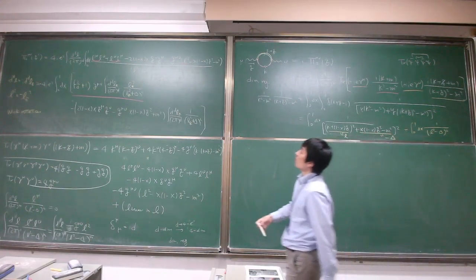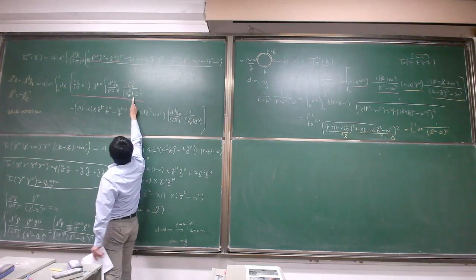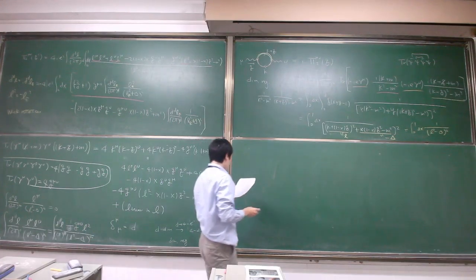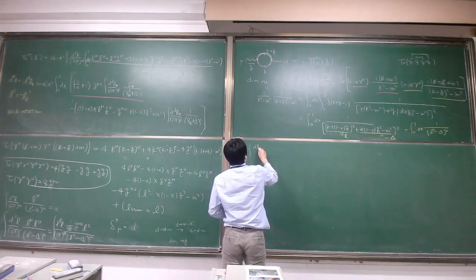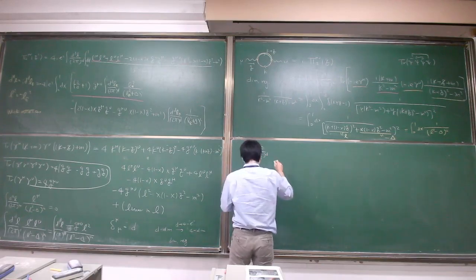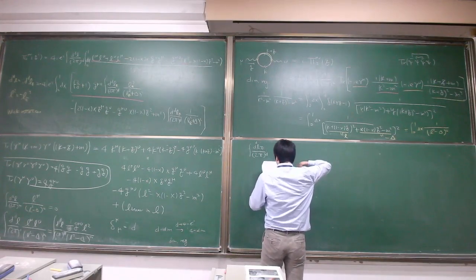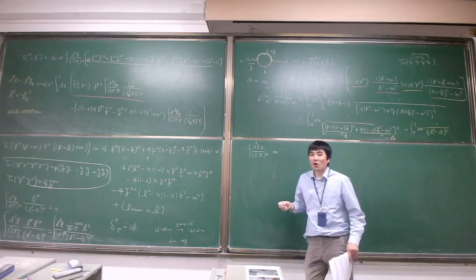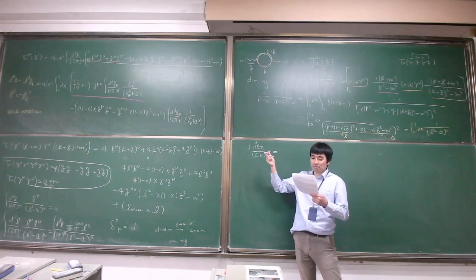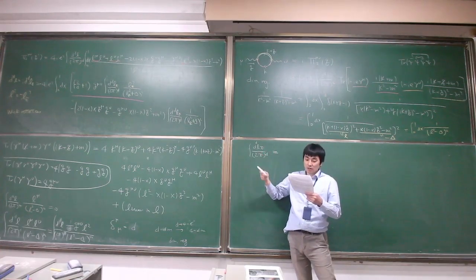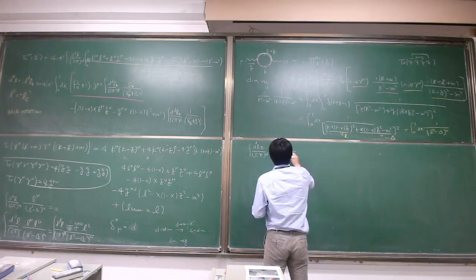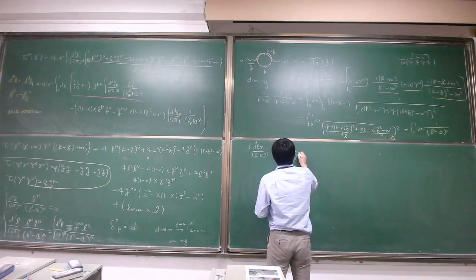So what we need to perform is this integral and this integral. That's super easy because we just do a d-dimensional integral instead. That can be performed by moving from the Euclidean, Cartesian coordinate to the spherical coordinate in d dimensions.